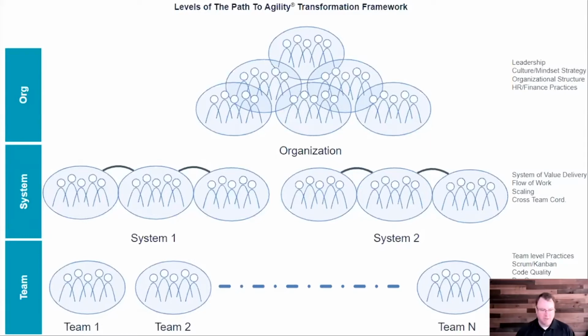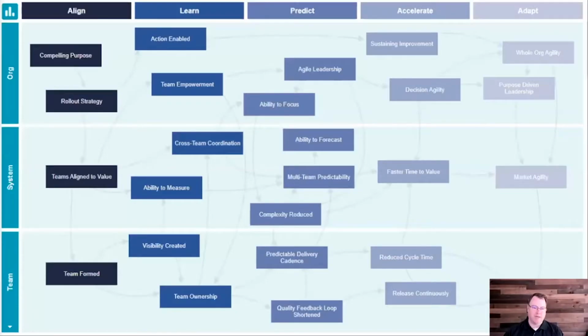a capability model that you see in what we call the Path to Agility map. In the Path to Agility map, what you see here are the 26 Agile outcomes that we've mapped out across those 5 stages, across those 3 levels, to provide, again, guidance for a transformation.